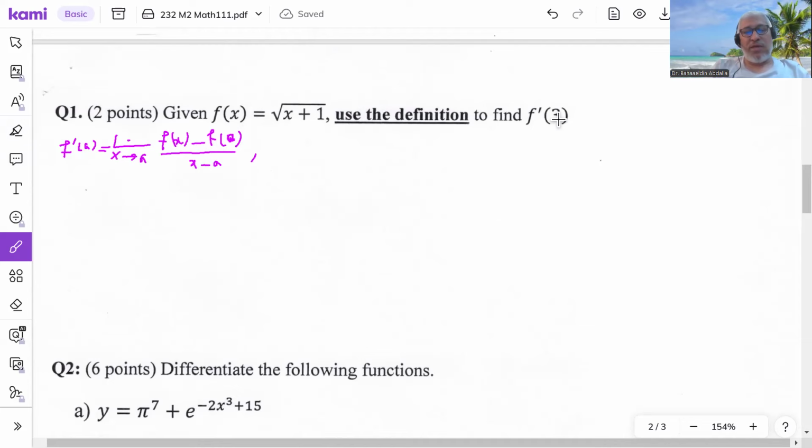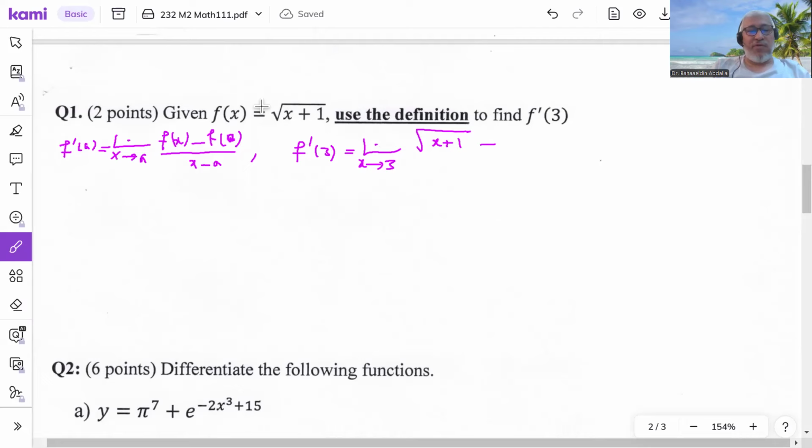So a in this case is 3, and f of x is square root of x plus 1. He is asking me to find f prime of 3. It would be the limit when x approaches 3 of f of x, which is square root of x plus 1, minus f of 3.